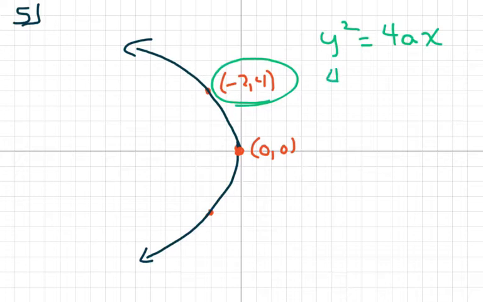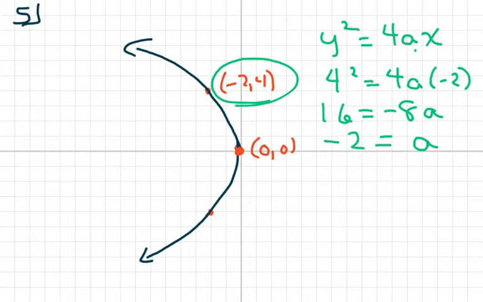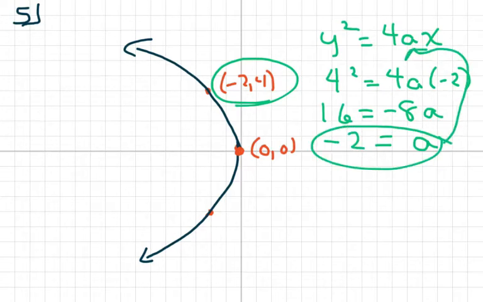So we have 4 squared equals 4a times -2. So 16 equals -8a. So a is -2. Plug that in here, and you get y squared equals -8x. And that's why it's opening up to the left.